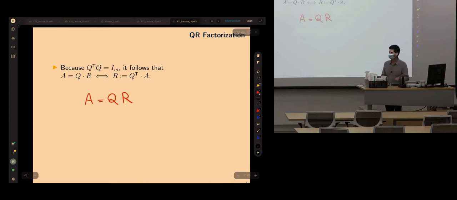I just calculated Q by applying the Gram-Schmidt process to the columns of A. I know exactly what Q is.